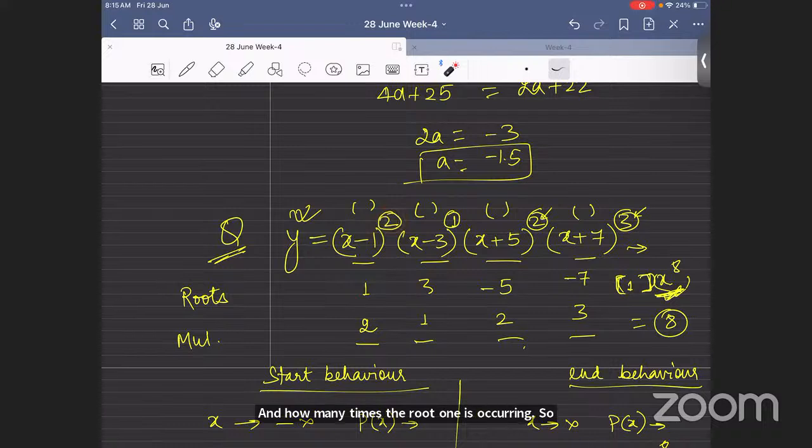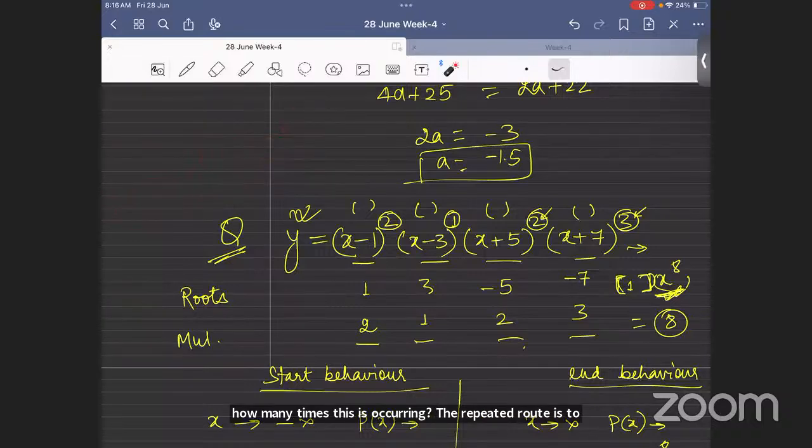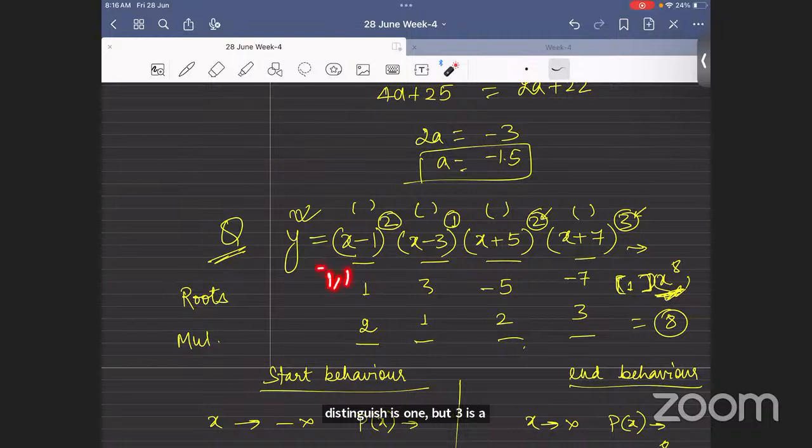In a quadratic equation also, if you have something like (x minus 2) whole square, you have only one distinct root, that is 2, but it is a repeated root, occurring twice. Just for example, with (x minus 3) squared, the distinct root is 3, but it is occurring twice. So if we ask about the roots, basically this is 3 comma 3. That is basically the multiplicity for each root.